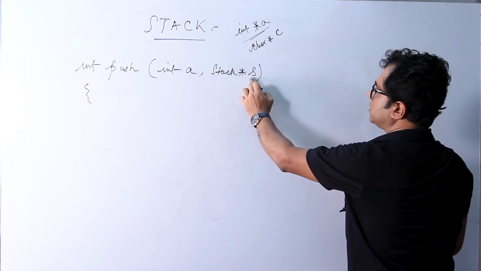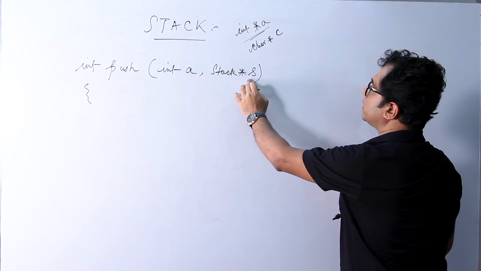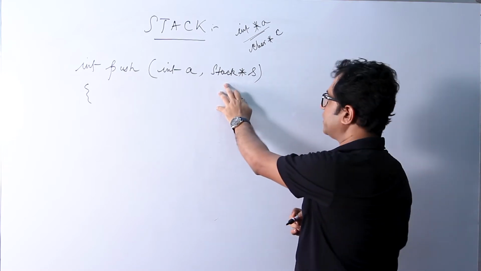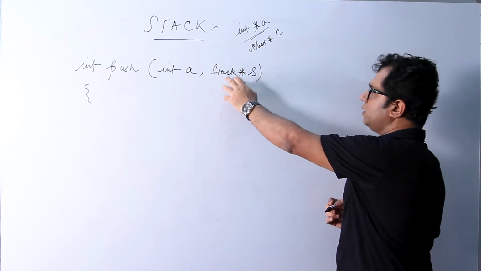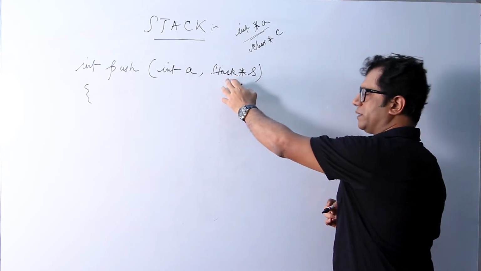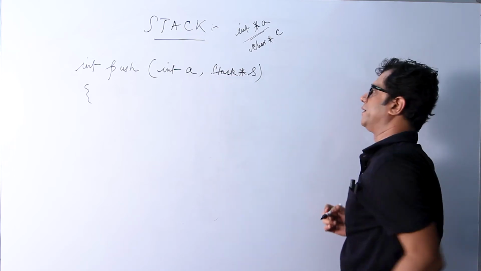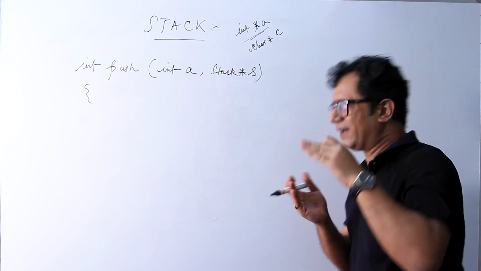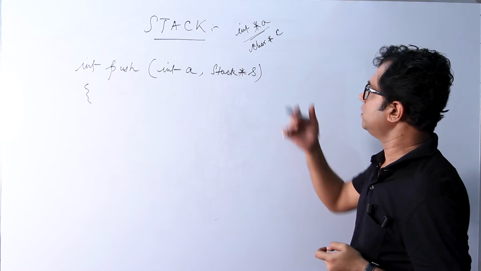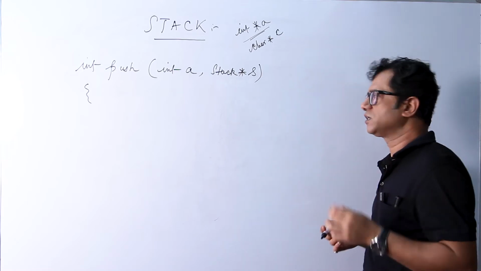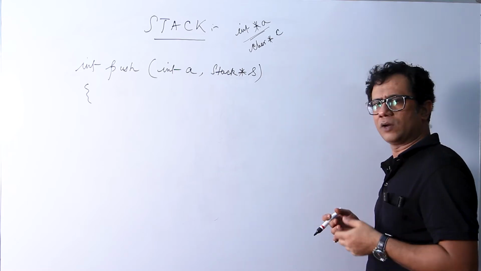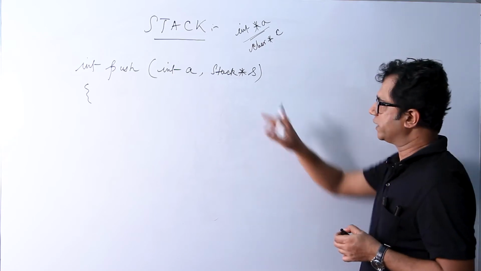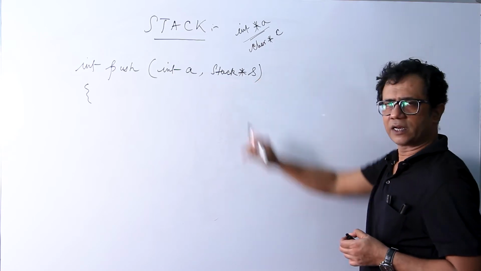And likewise here, S is nothing but a pointer to a stack data type, and stack data type is not a built-in data type, it has been created by the user. So it is a user-defined data type, and we have explained how to define that stack data structure in the previous video. I will just recommend you to refer to that video in order to get this thing totally clear.